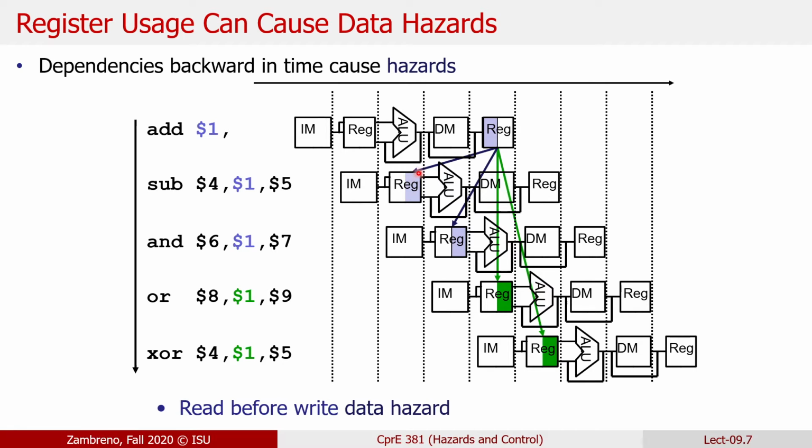Those values in the register file corresponding to register 1, there's something there, but they're stale, they're old, from the programmer's intent perspective. You wrote this instruction followed by this instruction, presumably because you wanted this value to then be used in the next instruction. That's why you wrote the instructions in that order.